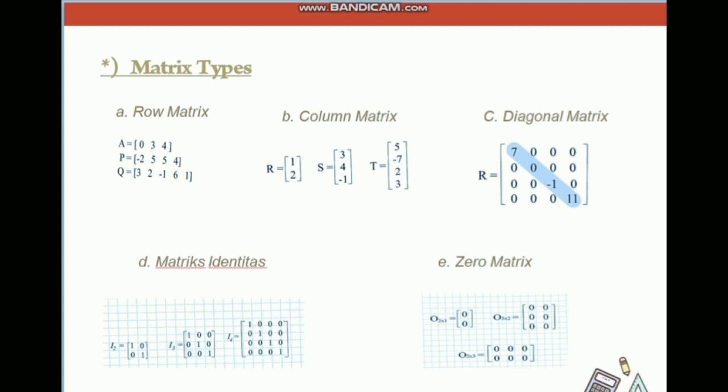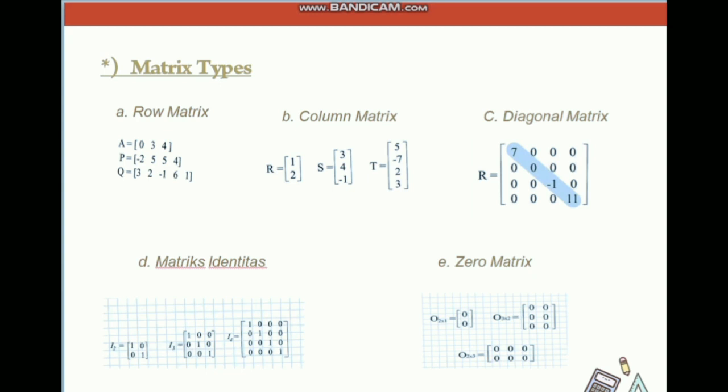An identity matrix is a square matrix in which all elements on the main diagonal are 1, while the other elements are 0. Generally, the identity matrix is noted with I accompanied by its order. For example, in this image, all the main diagonal elements are worth 1 and the other elements are worth 0.